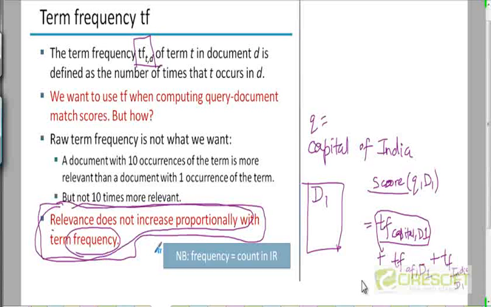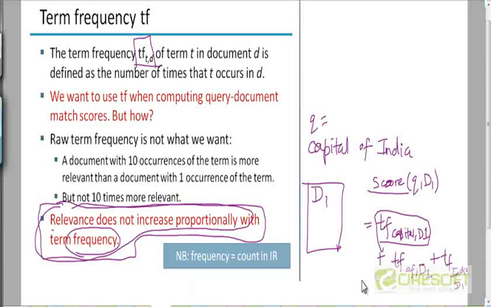That is, initially the increase is high, but then it doesn't exactly plateau off, but the increase is not so much as the term frequency increases more and more, right? So if the term is already occurring 100 times in the document, moving to another document which has the term 101 times should not make that second document have a score too much higher than the score for the previous document which had the term 100 times.